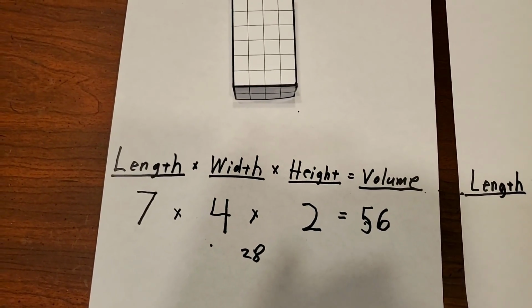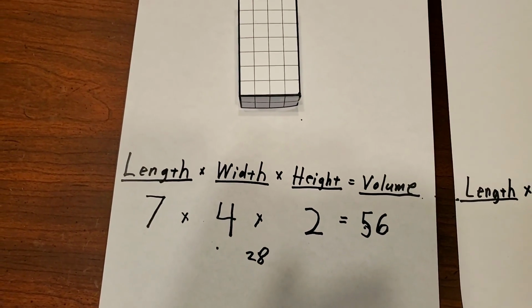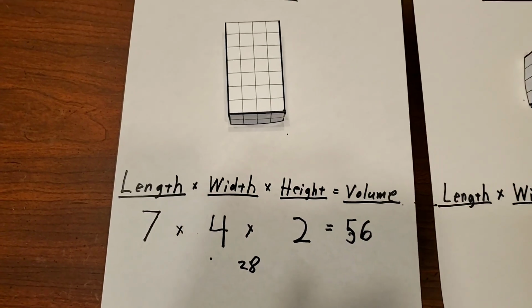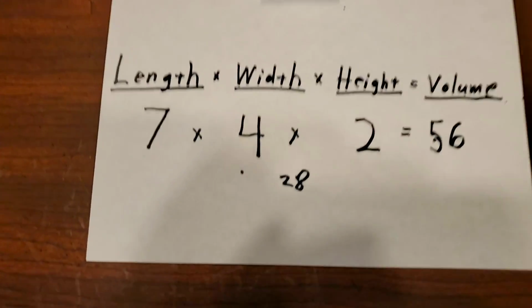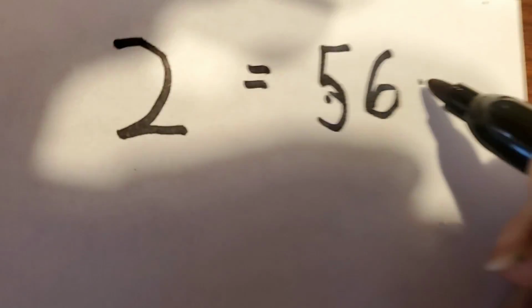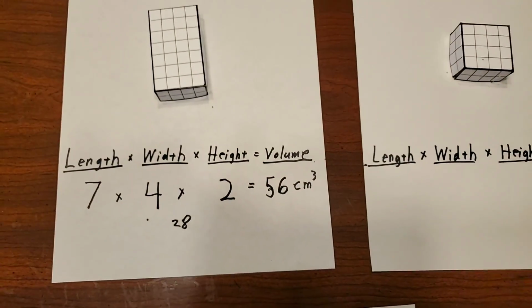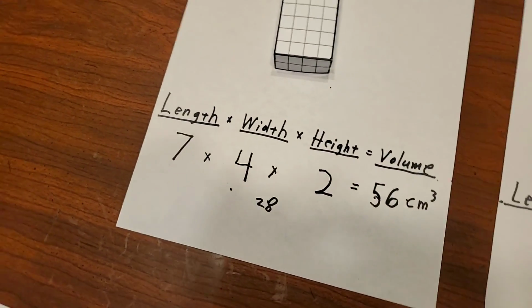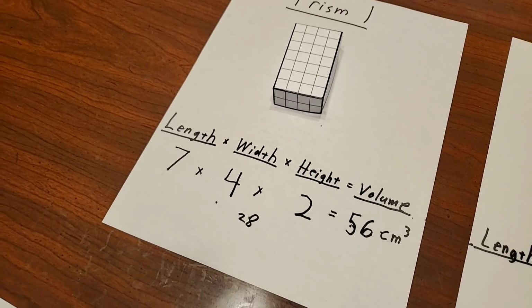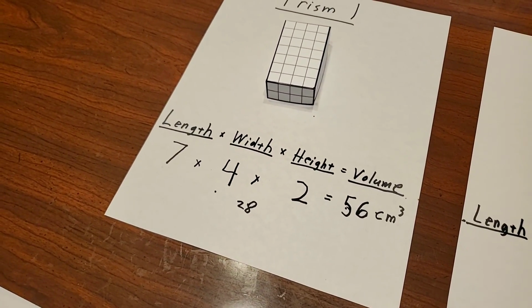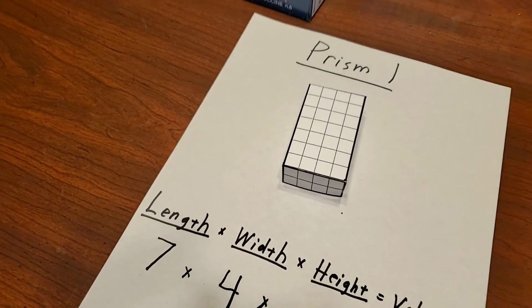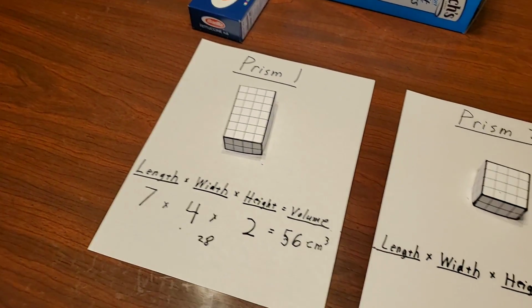It's not just 56. What are we measuring? We're measuring the volume. So since we're measuring the volume of this object, we're going to say 56 cubic centimeters. So the volume of our first rectangular prism is 56 cubic centimeters.